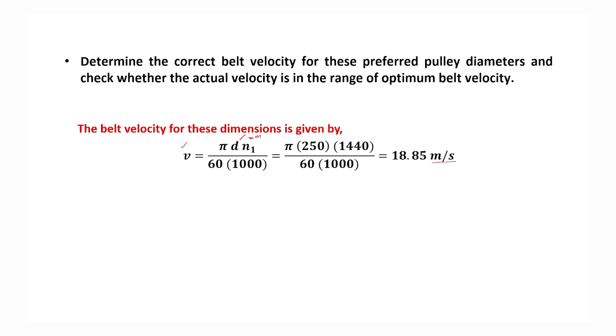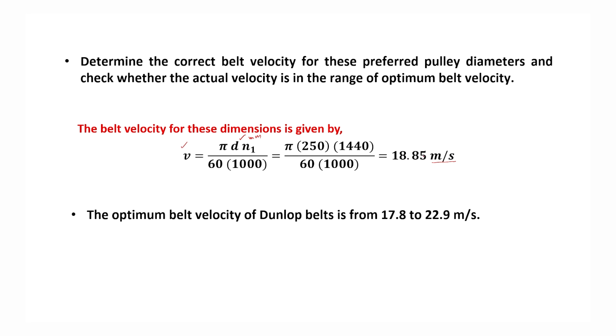It is 18.85, which is in the range, because the optimum belt velocity of Dunlop belts is from 17.8 to 22.9, and the calculated value of V lies in between. It means the pulley which we have selected provides the optimum belt speed or velocity.